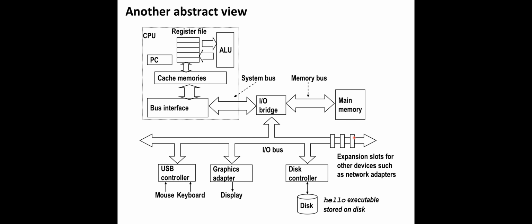So here's sort of an abstract view of your machine. And over here we have our CPU with our registers that we learned about previously when thinking about assembly language. And now we've added this notion of some more memory on board the CPU called cache.